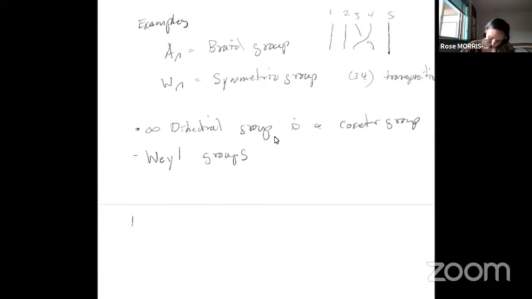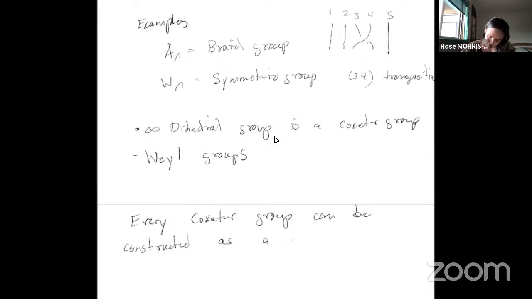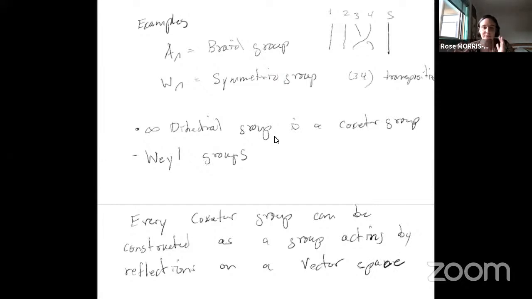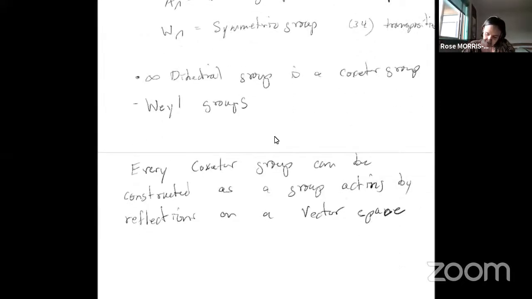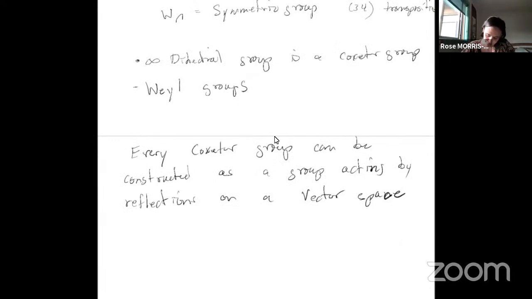The idea here is that every Coxeter group can be constructed as a group of reflections, acting by reflections on a vector space. This doesn't have to be a Euclidean vector space. It could have some kind of wacky inner product on it.